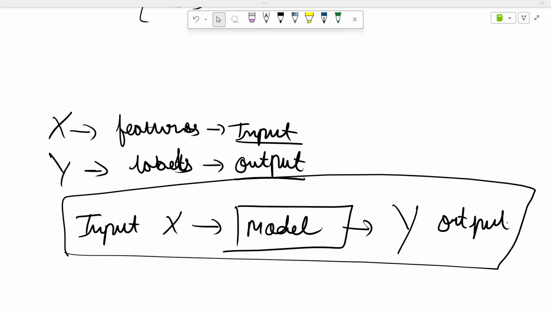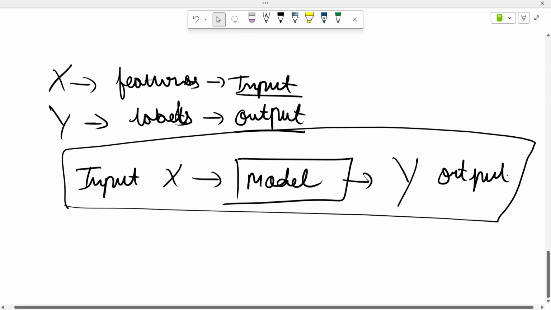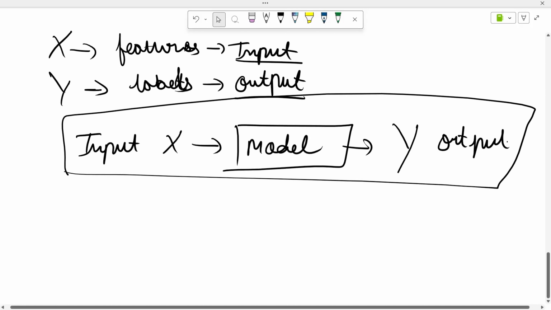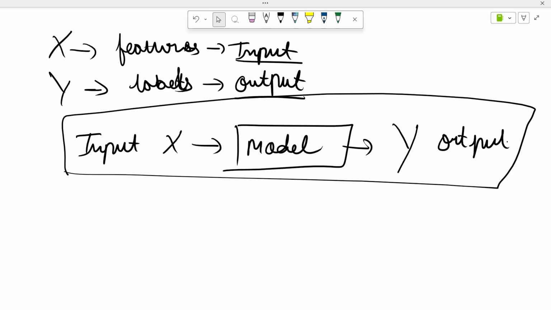So data is divided into two things. One is features, one is labels. Features are the input, labels are the output. We decide what will be the feature and what will be the label. The label is what we want to predict, the output. You might have heard about feature engineering.